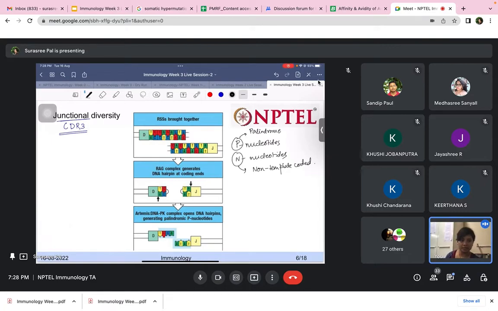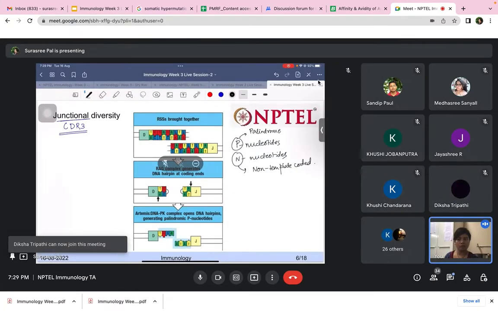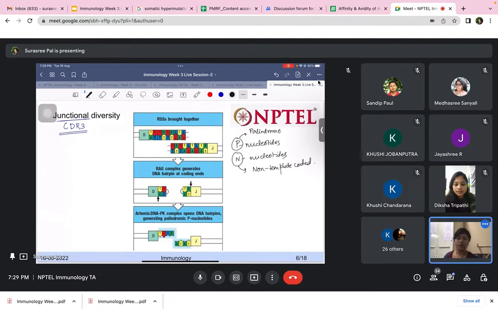So these nucleotides are added very randomly, and you can understand that if some nucleotides are being added randomly, then it will create more and more chances of creating an antibody molecule which is more and more specific towards the antigen, right? Therefore the junctional diversity is brought about by the addition of these types of nucleotides.